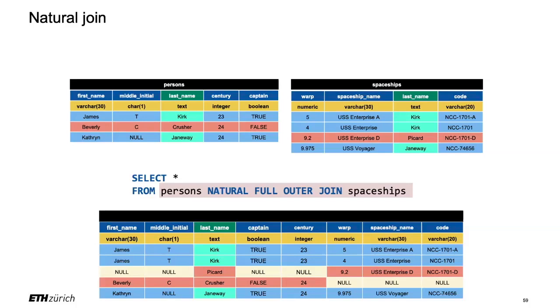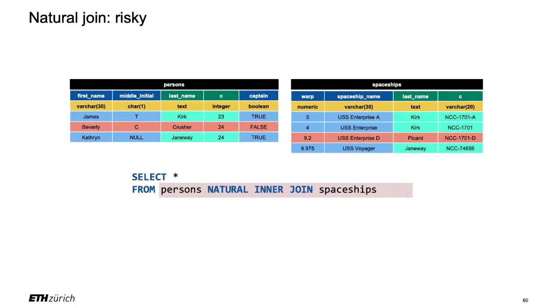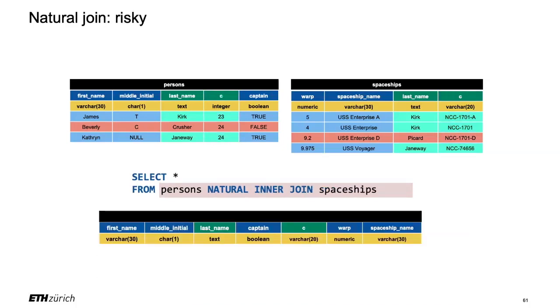It's implicitly telling you the last name must match the last name. Okay? So this is here a natural join. And as a consequence, the column last name only appears once in the output. We don't repeat it. Okay. Great. And as I said, it's orthogonal to inner join. So you have the full outer join, the natural inner join, and so on.